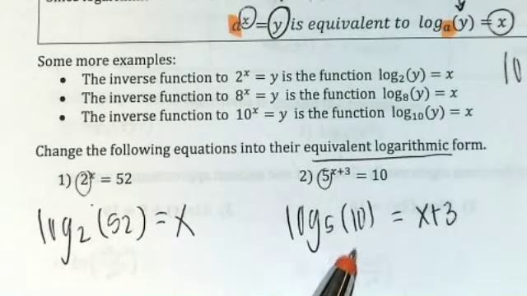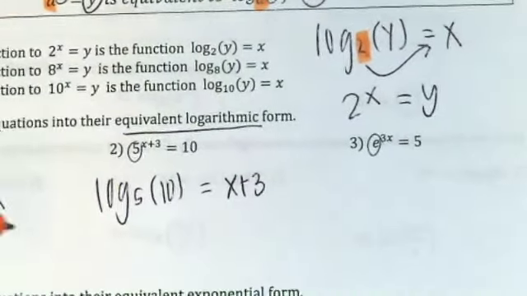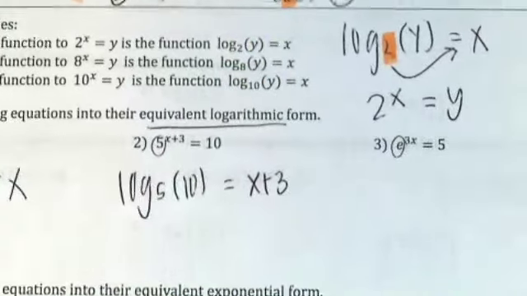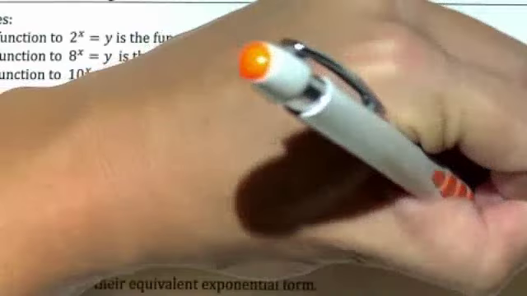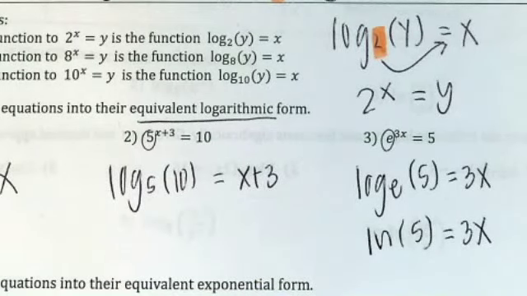You don't have to do parentheses, but I like to, just to be a little dramatic about it, and just remember that that's my y value technically, if you want to put a variable to it. If you want to do this next one, you can. You're going to end up getting log base e of 5 equals 3x. Log base e, again, we talked about this previously, is the same thing as ln.